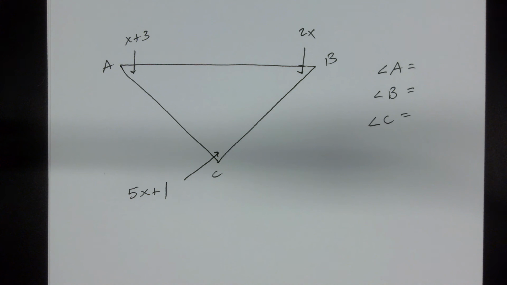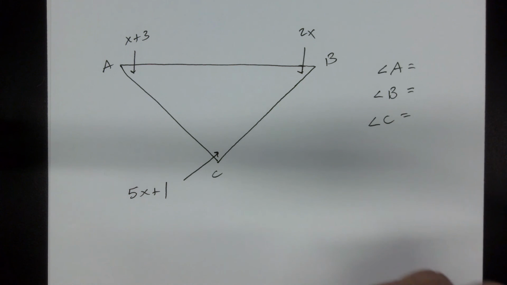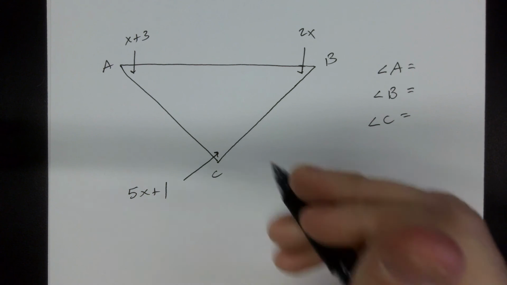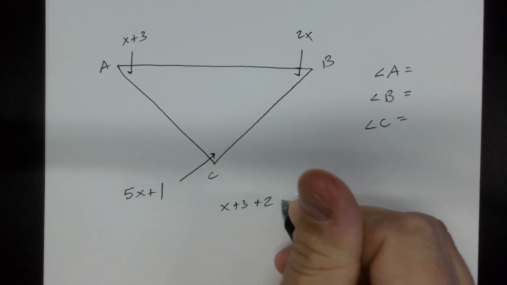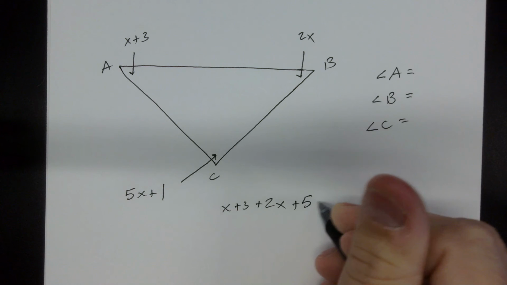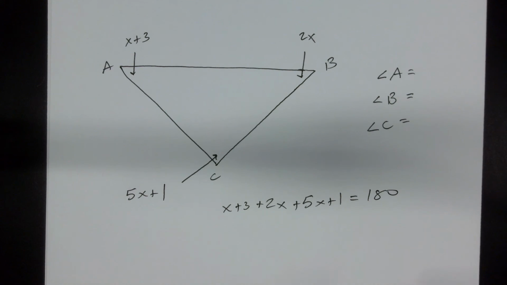Yep. So because all interior angles, all three angles add up to be 180, what we can do is we have to first solve for x. So we have to first find x. We do that by going x plus 3 plus 2x plus 5x plus 1 equals 180. So we add up all the interior angles and we set them equal to 180.